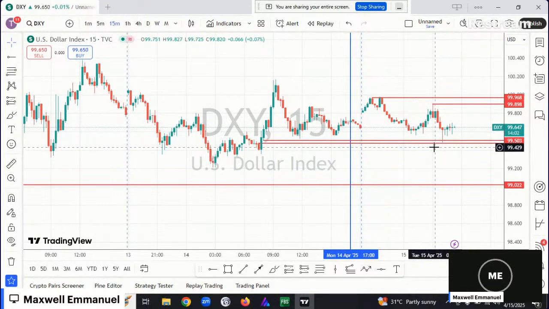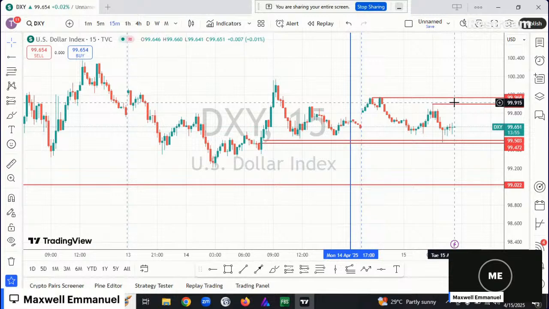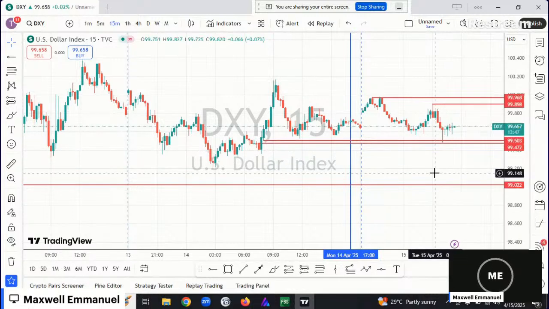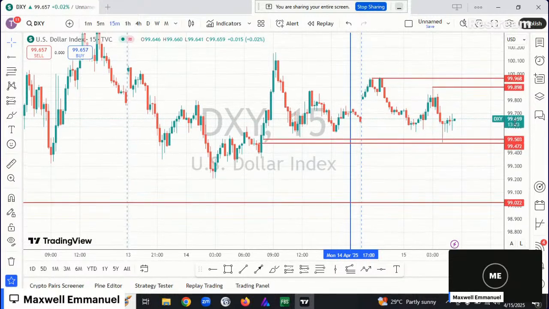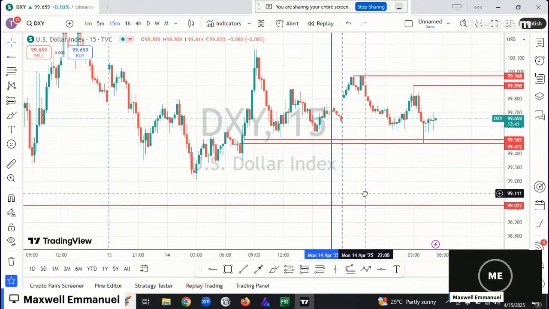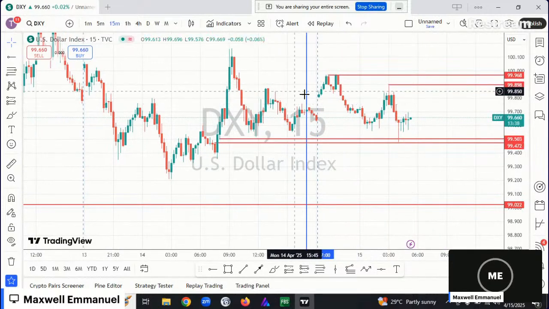Okay, that's my take on DXY. Look for sells from this zone or sell if price breaks out from this low. And remember, our bias for DXY is bearish. You can see price has been in a range for some time since yesterday evening.